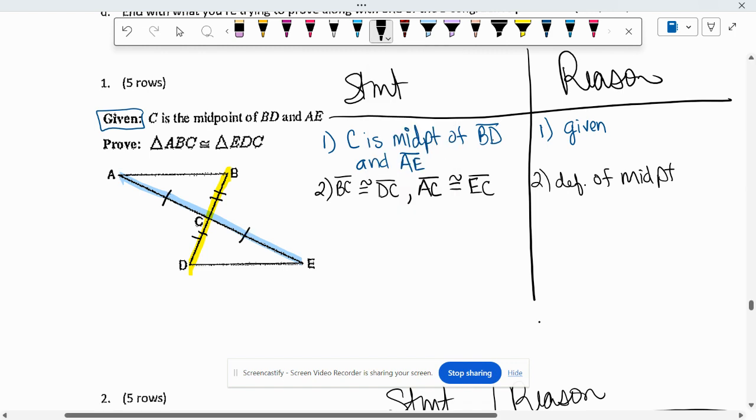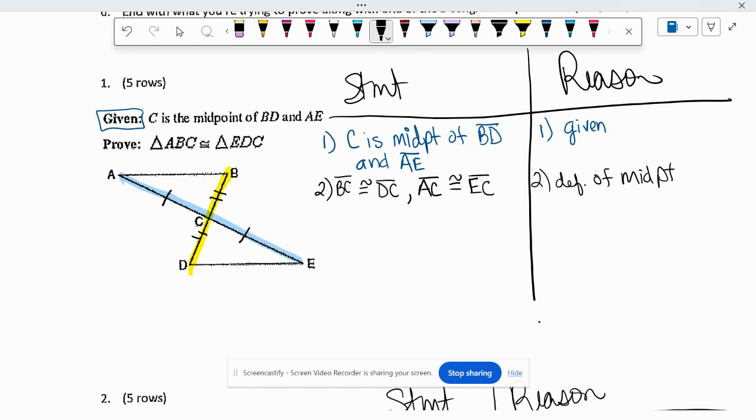Okay. So now what do you know about angles? You can't assume that you have 90 degrees. They're congruent.